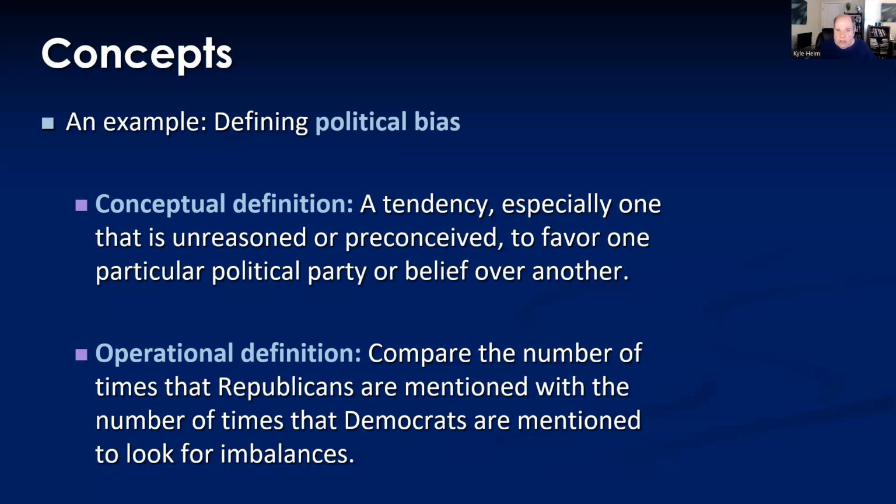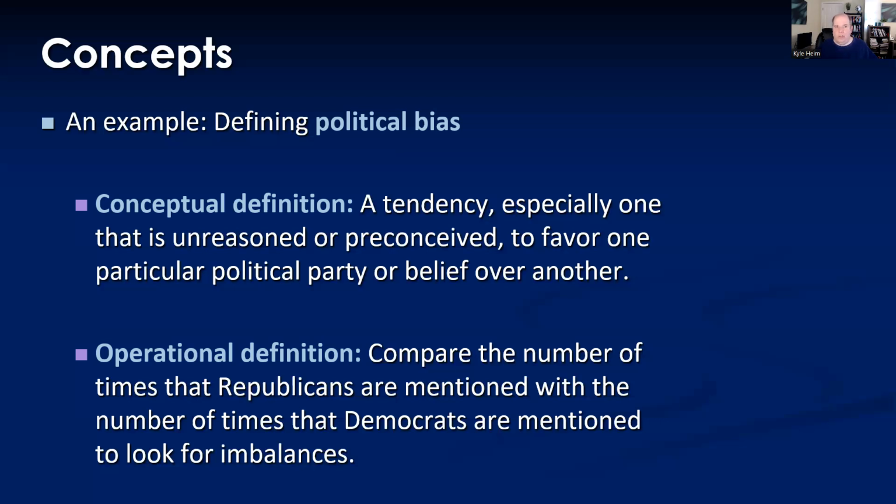So I might operationalize political bias by comparing the number of times that Republicans are mentioned versus the number of times that Democrats are mentioned, and then look for differences or imbalances between the two. Operationally, that might be what I mean by political bias.